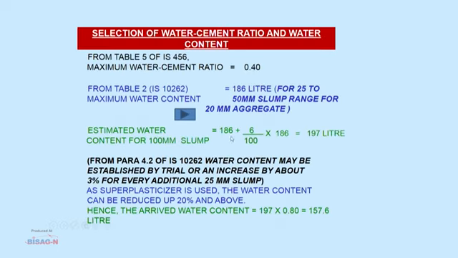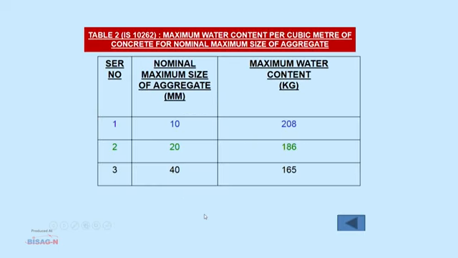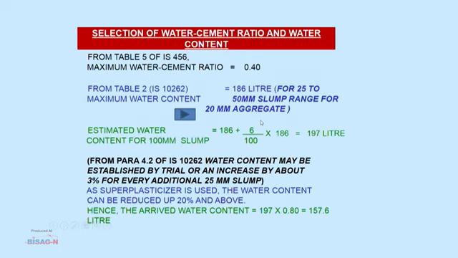Now, we have seen that the maximum water cement ratio allowed as per IS 456 is 0.4. Water requirement is given for nominal size of aggregate 20 mm as 186 kg. This water content of 186 liter is for 25 to 50 mm slump range and for 20 mm graded aggregate.